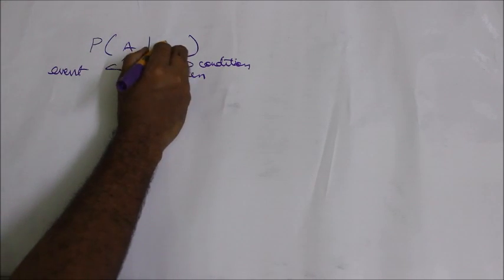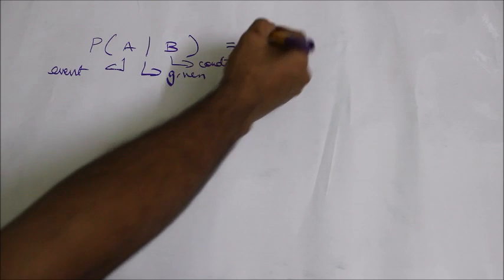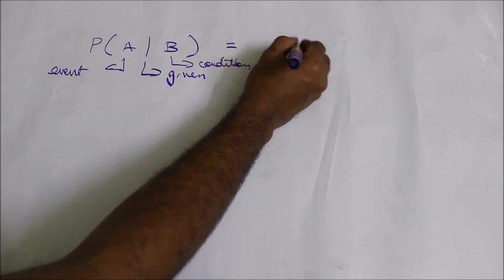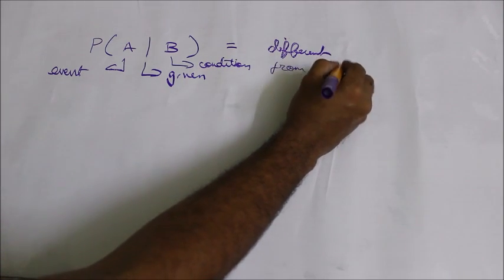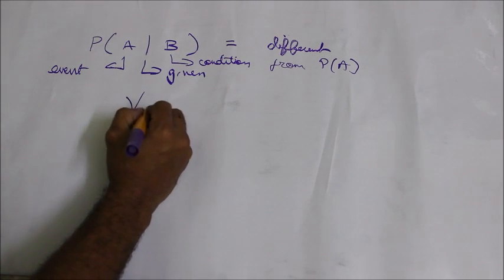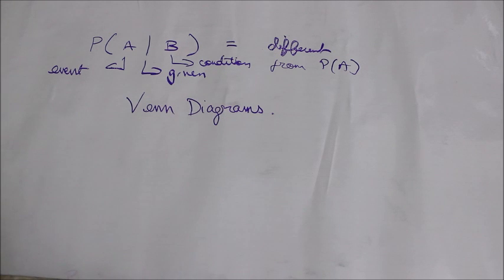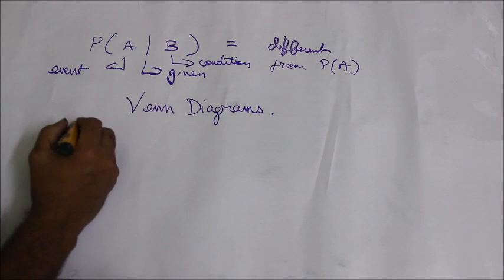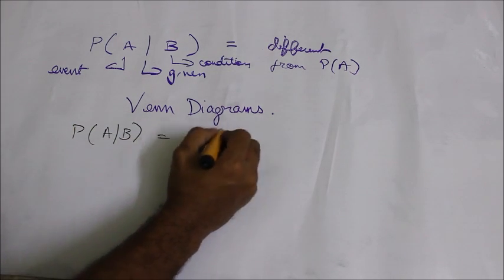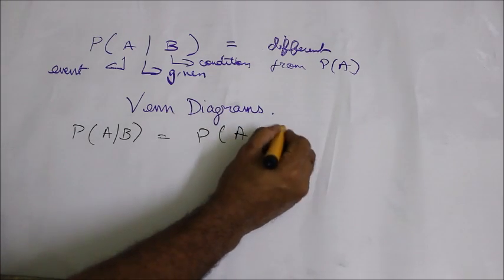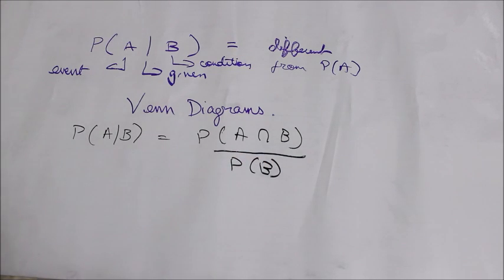And when you put a condition, essentially the probability changes since your sample space changes, and is essentially different from P of A. We also saw that Venn diagrams are a great way of visualizing conditional probability, and we also saw how the formula of P of A given B is equal to the probability of A intersection B divided by the probability of B really made sense using Venn diagrams.